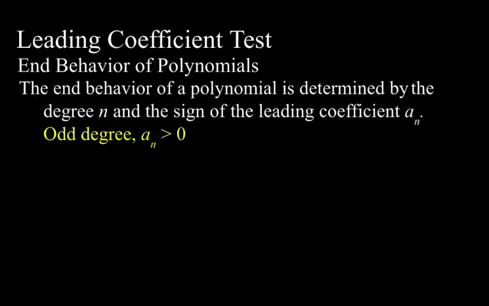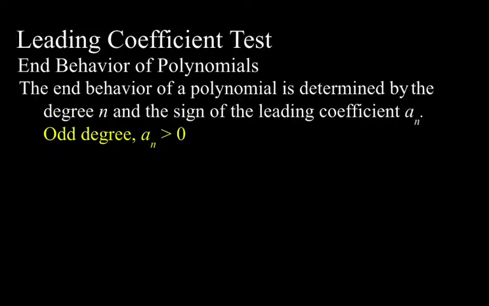It's fairly easy because the end behavior of a polynomial is determined by the degree of the polynomial, which we have called n, and the sign of the leading coefficient, which is the number in the front of that term. So before we actually get to using this leading coefficient test, we want to get some notation done first.